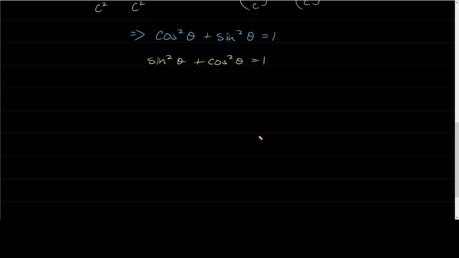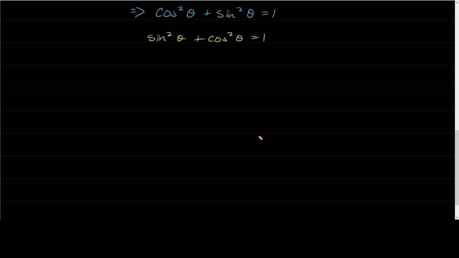All right. Now, let's manipulate that even more. In here, we're going to be doing two different things. The first one over here, we're going to be dividing by cosine squared theta. The second one over here, we're going to divide by sine squared theta.